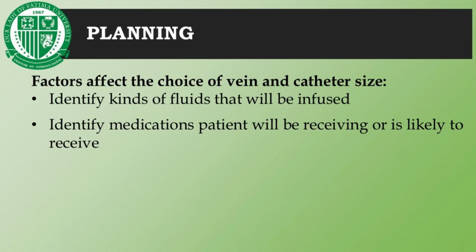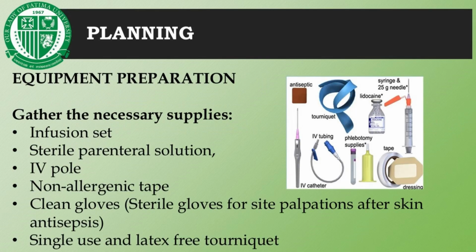to receive. Preparing the equipment, the nurse should gather all the necessary supplies to perform IV therapy. The equipment includes an infusion set, sterile parenteral solution, IV poles, non-allergenic tape, clean gloves, sterile gloves for site palpations after skin antisepsis, and single-use and latex-free tourniquet.